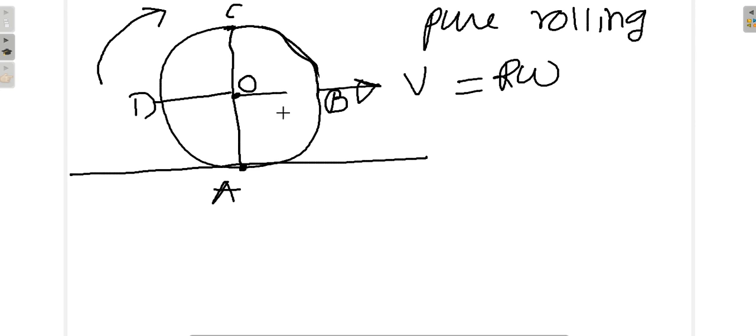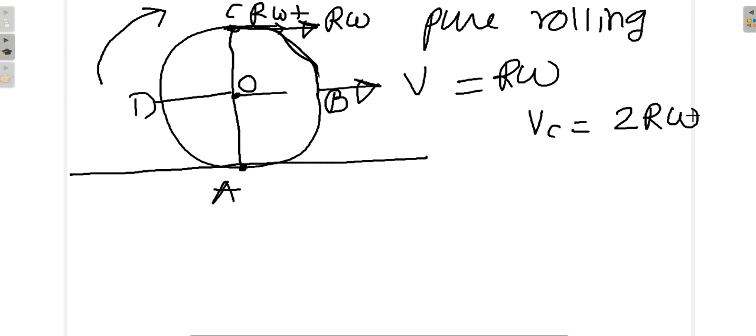Okay, so let us pick up point C. As you know, the linear velocity is always r omega. It is linear velocity plus the velocity due to rotation is r omega along the tangent, so that is also r omega. So the net velocity will be r omega plus r omega. So the velocity at C will be 2r omega.